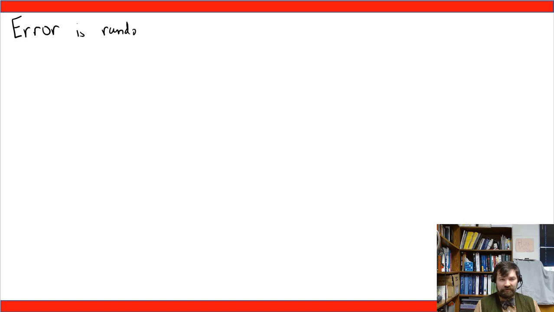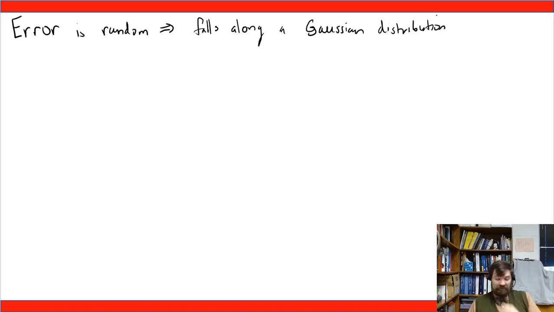And as such, it can be said to essentially fall along a Gaussian or normal, standard normal or bell curve. So we would say that it basically falls along a Gaussian distribution.